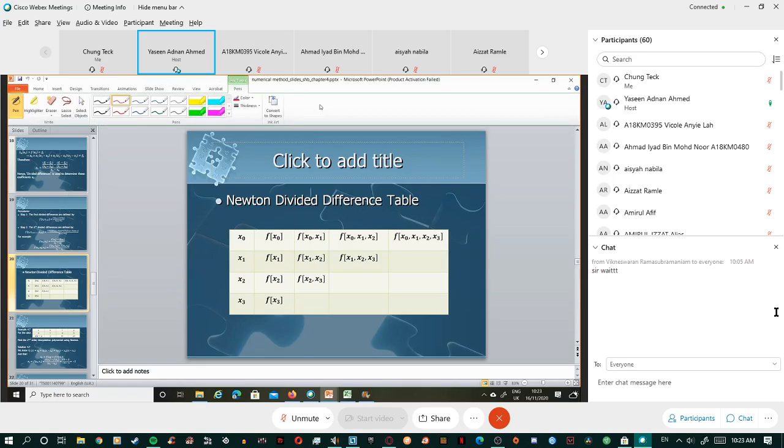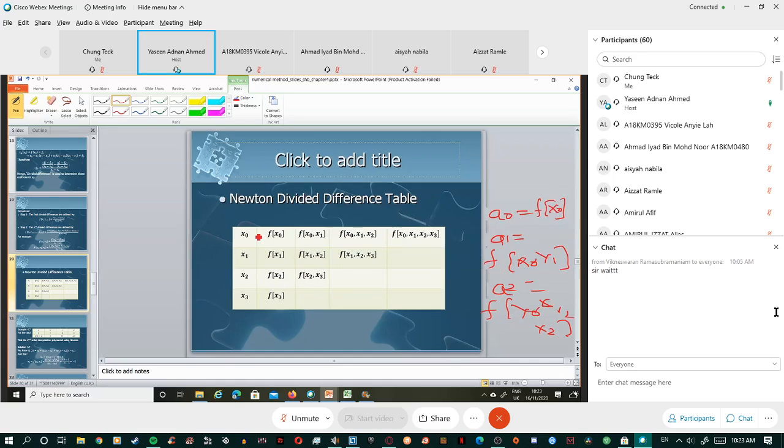So the coefficients, after you make the table, I will again briefly explain how you can make the divided difference table. The coefficient a0 is actually f of x0, a1 will be f of x0, x1, and a2 will be f of x0, x1, x2. Because these are notations, okay?